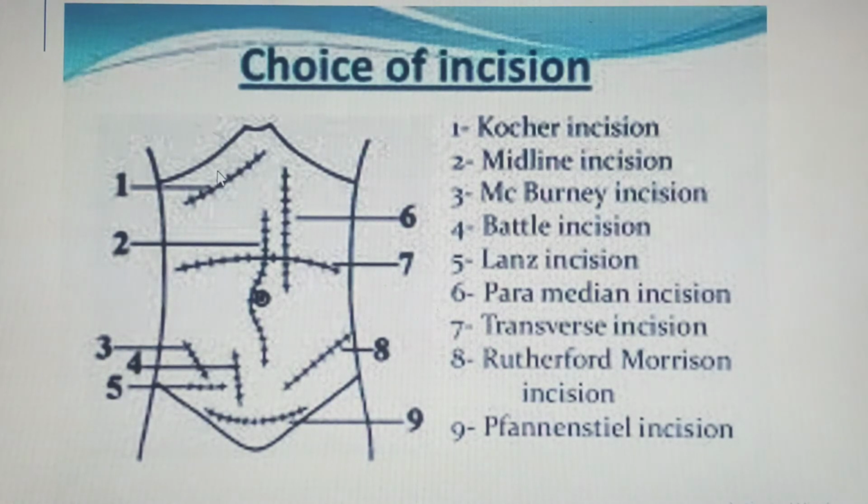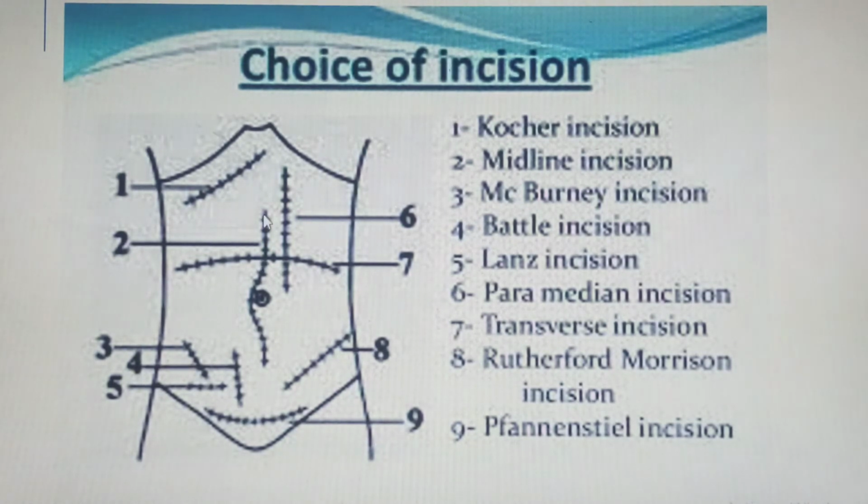Usually if you want to look at the biliary tree, or if you want to perform some surgery on the gallbladder, that's where you go through. But if you do it at the left subcostal area, if it's a left subcostal incision, then you are more interested in looking at the spleen, for instance.